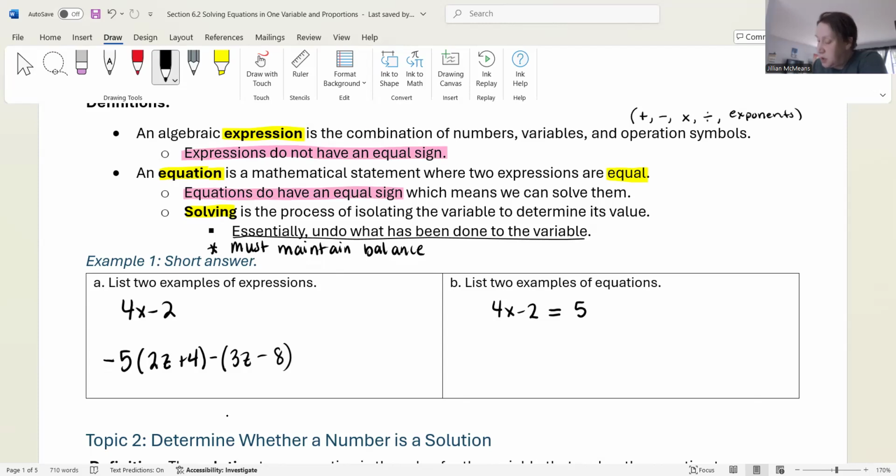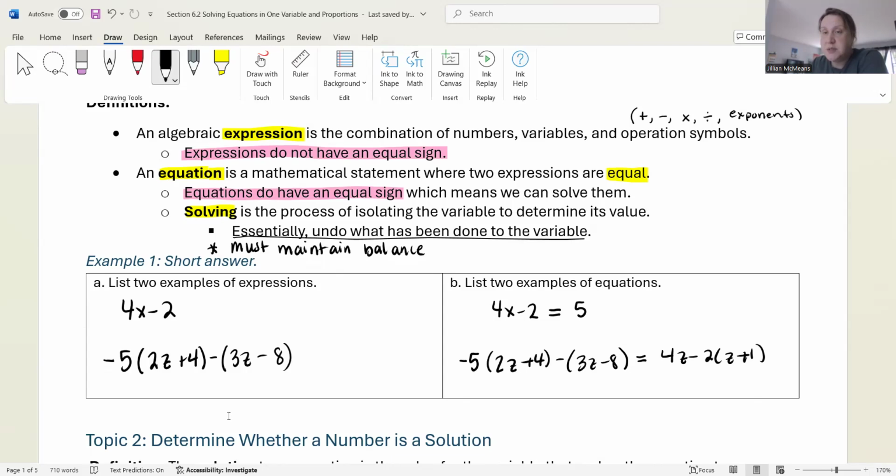We could have something much more involved, like negative 5 times (2z plus 4) minus (3z minus 8). If I set it equal to something, a number or an expression, then we have an equation. So I could say equals 4z minus 2 times (z plus 1). It's certainly messy.